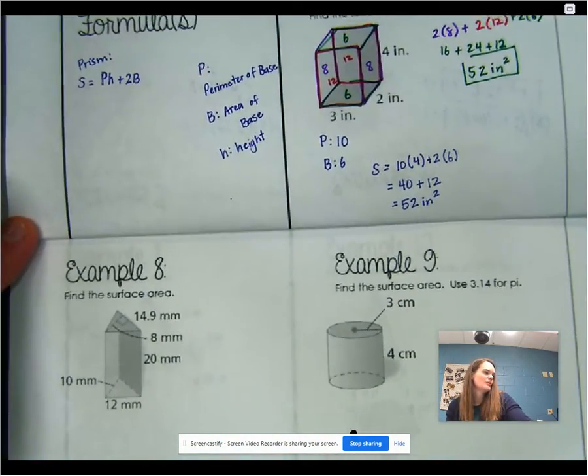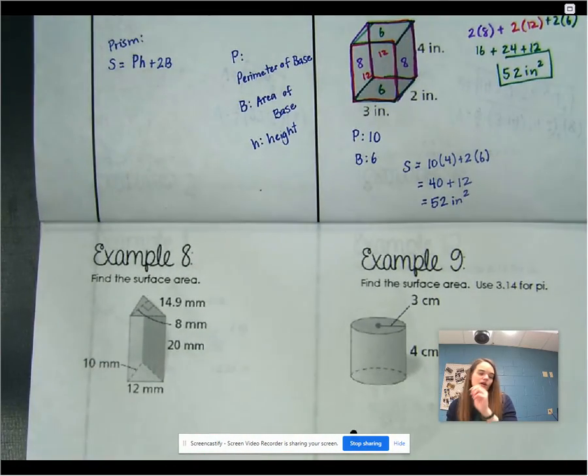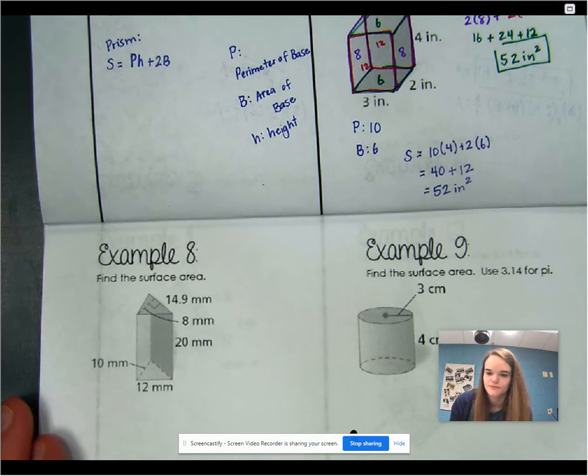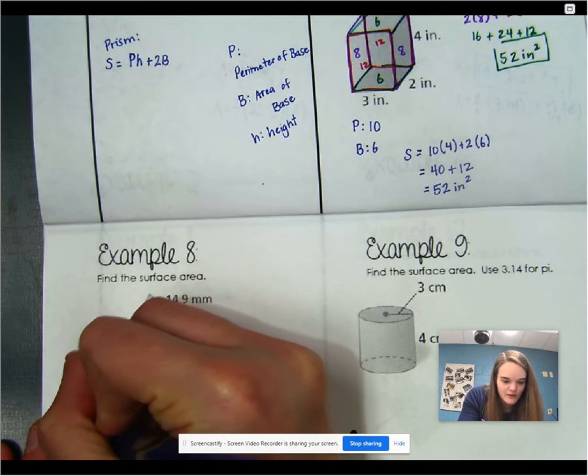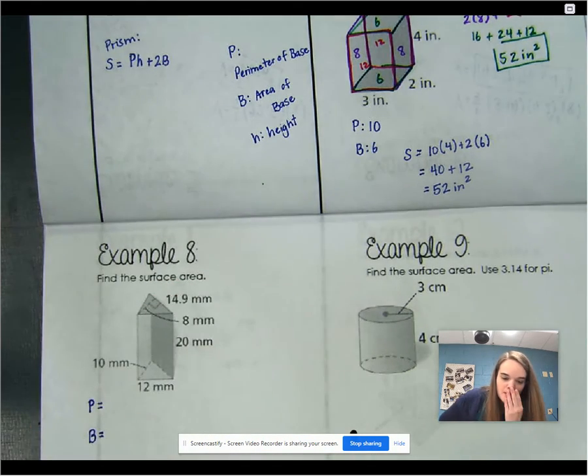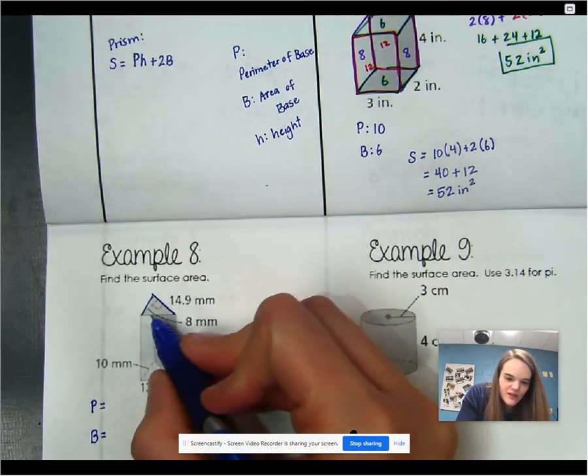So I'm going to use the formula for number 8, but again, you could add up all the pieces. I would pause it and find the surface area of this. All right, we need to find the perimeter of the base and the area of the base. I have a triangular base, so I'm going to add all 3 sides together.